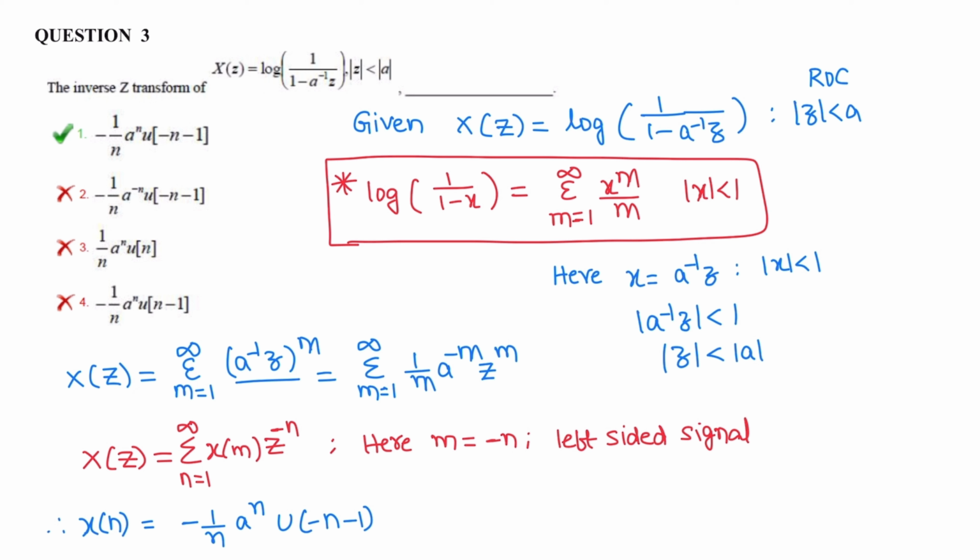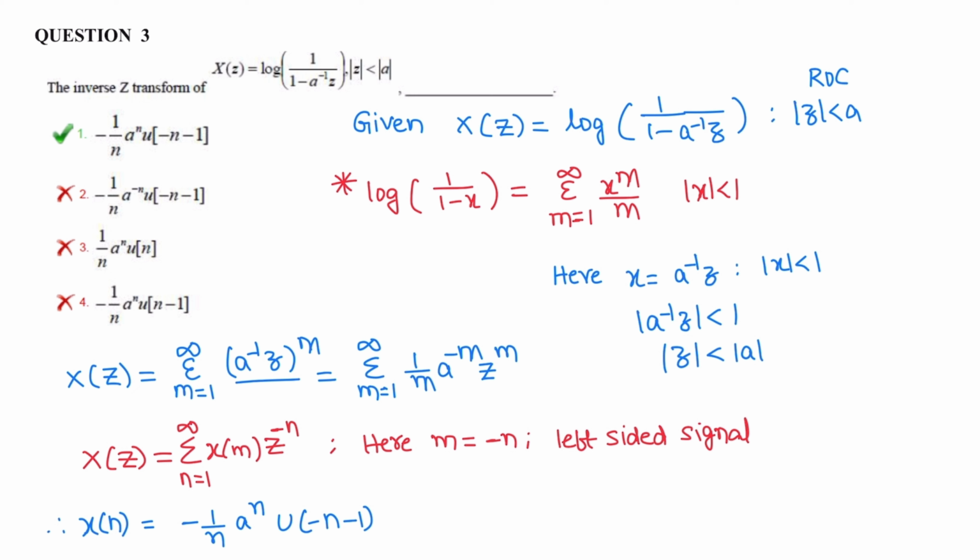So we will get x is equal to a inverse z whole power m, that is 1 by m a power minus m z power m. Apply z transform formula. X of z is equal to sigma n is equal to 1 to infinity x of n z power minus n.